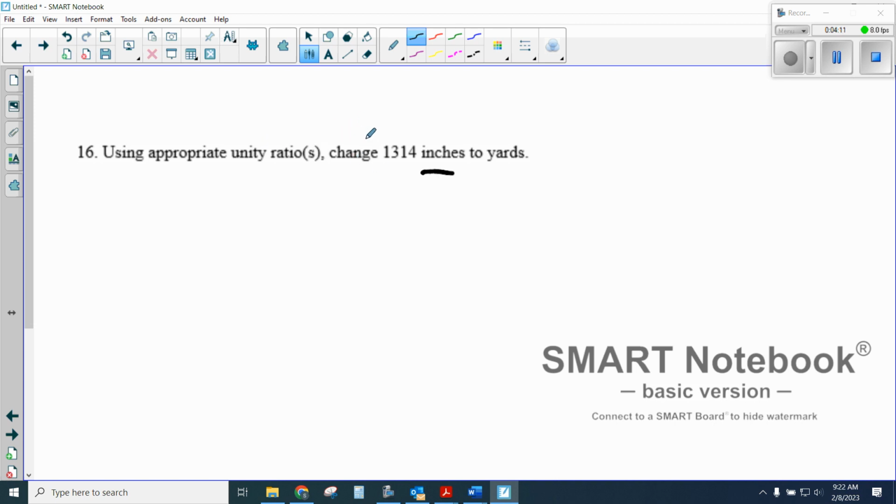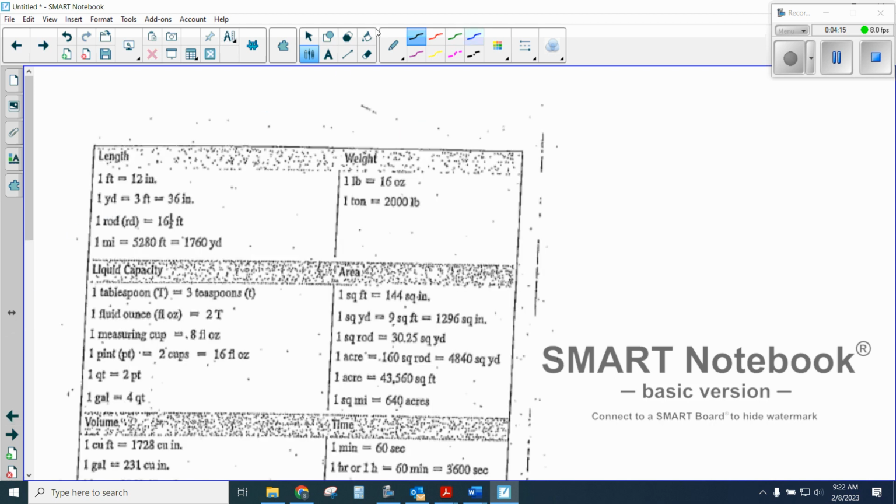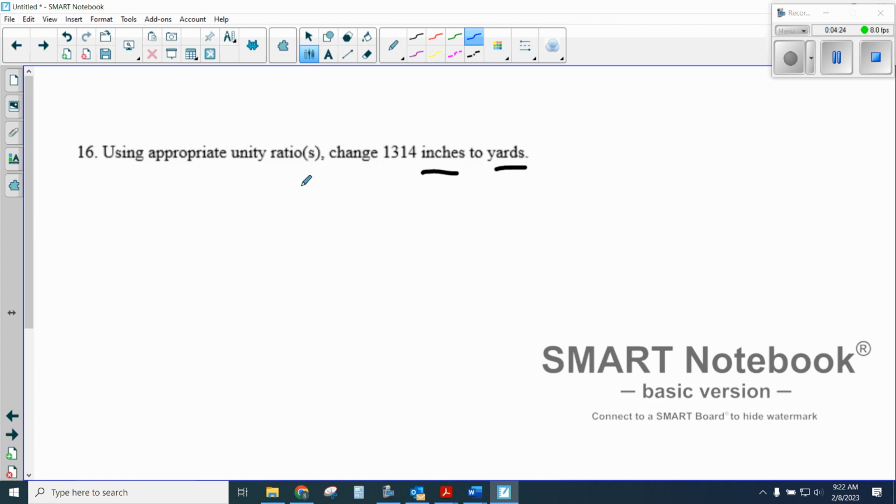If we're wanting to convert inches to yards, and that's not a conversion that we know off the top of our head, here it tells us that 1 yard is 36 inches. So on your work, you need to either write 1 yard equals 36 inches. That's my not preferred method, but I need you to write it somewhere if that's what you're using.